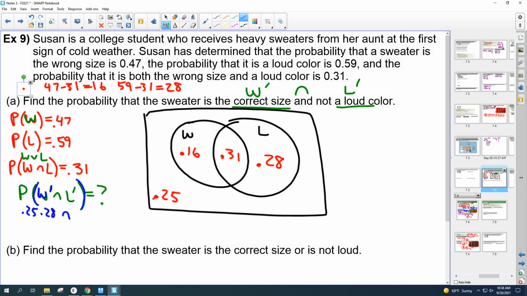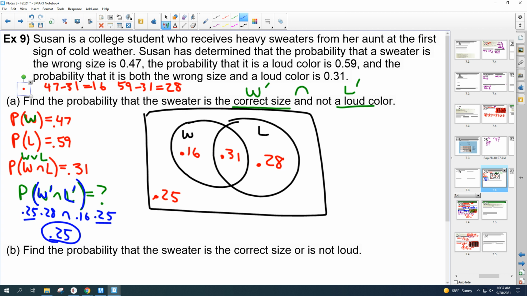We're going to intersect that with not inside the L circle. So that's 0.16 and 0.25. If we intersect those two, we look for what's in common. That's going to be 0.25. 0.25 is in common. We're just talking about the region that's outside of the circles.